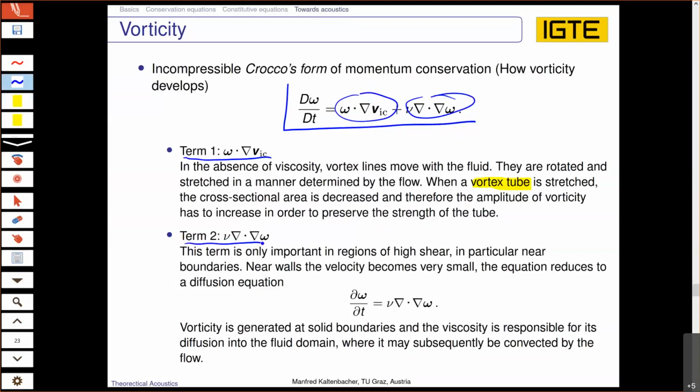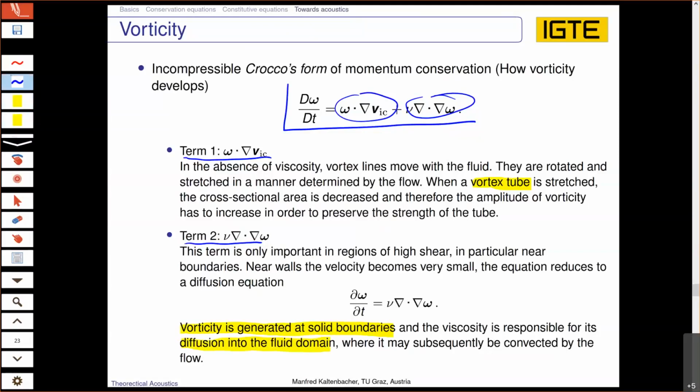So near walls where you have high shearing of your fluid, because directly at the wall the flow velocity is 0. And at these walls, due to the high shearing, you generate vorticity there. So vorticity is generated at solid boundaries, and it is then diffused into the fluid domain.